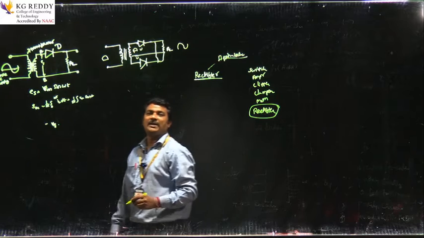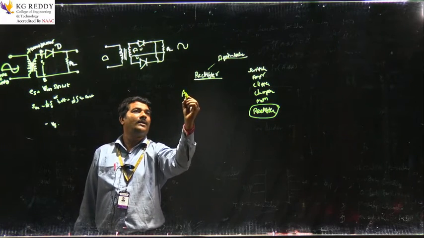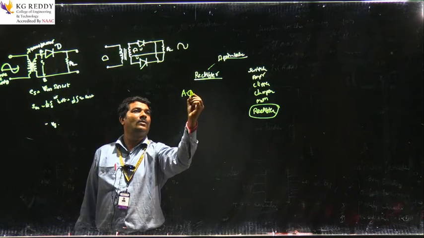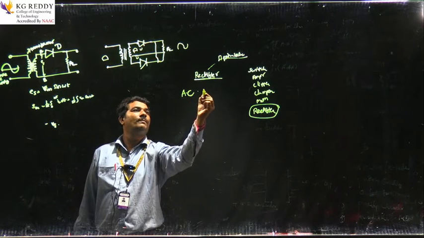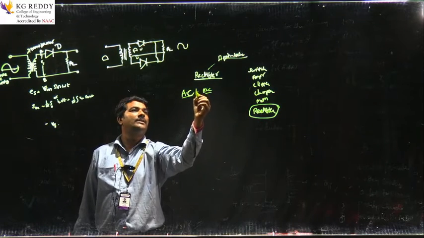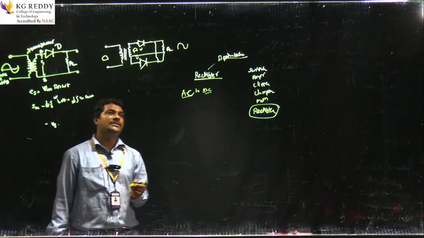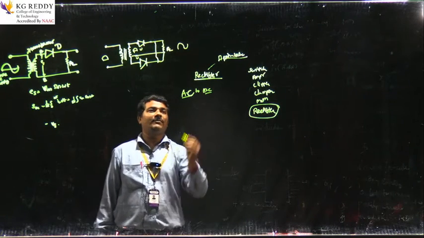Rectifier, what is meant by rectifier? A rectifier converts alternating voltage to pulsating DC. Alternating current to pulsating DC is the exact term. It converts AC to pulsating DC. What are the types of rectifier?